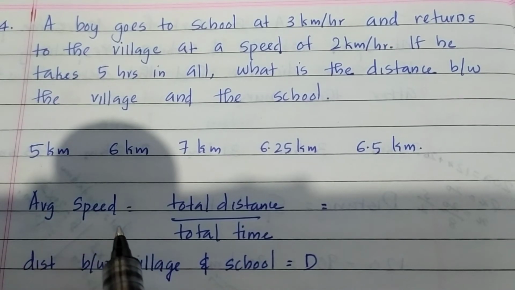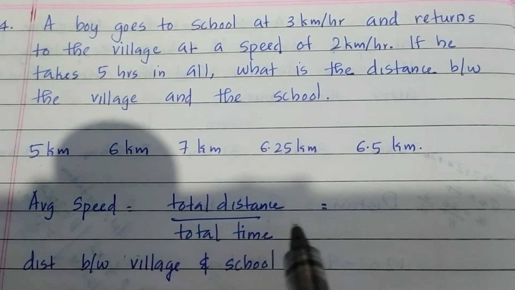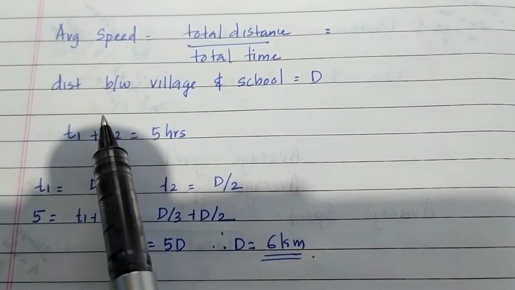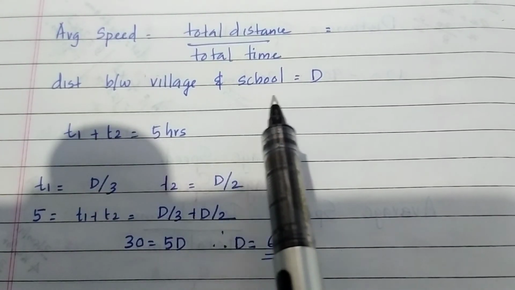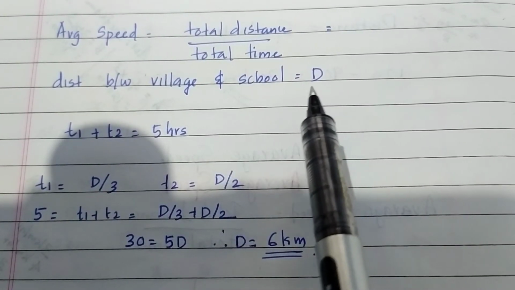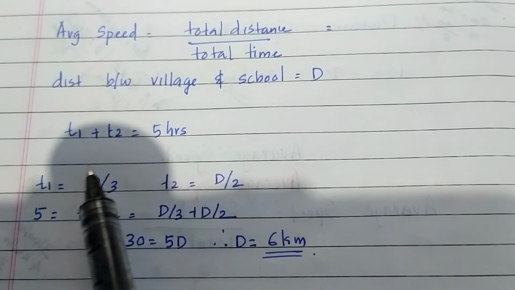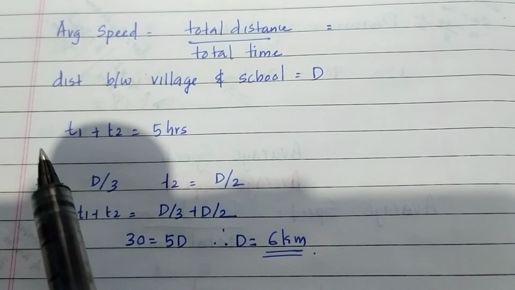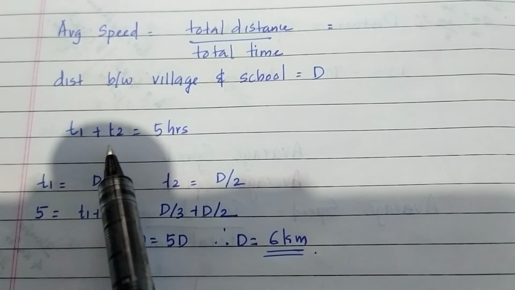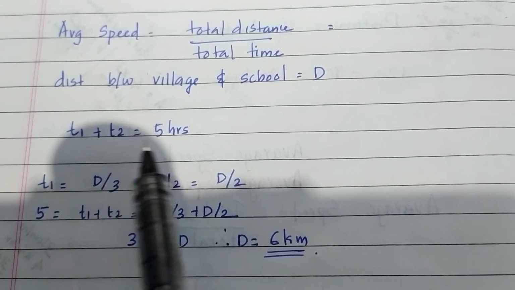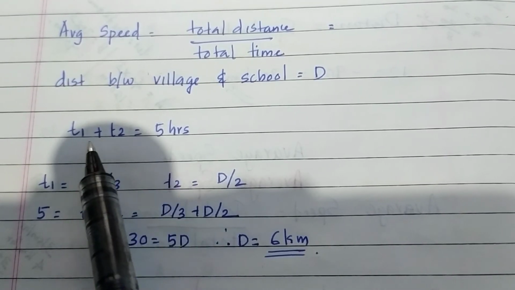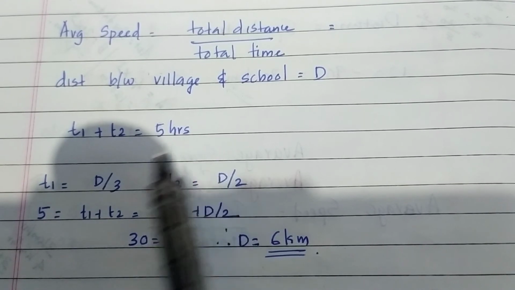What is average speed? Average speed is equal to total distance by total time. So let us consider the distance between the village and the school as D. Let the time taken by the boy to go to school from his home be T1, and let the time taken by the boy to come back from school to home be T2. The total time is T1 plus T2, which is given as 5 hours.